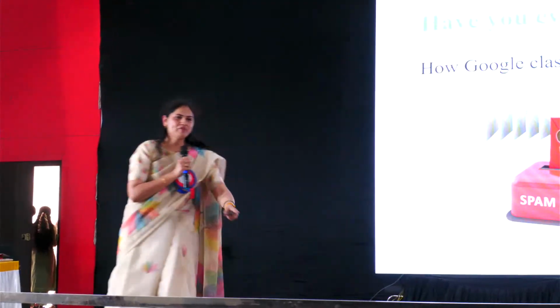Then have you ever wondered how your mail classifies spam or non-spam? Automatically your mails will go to spam. How? By using machine learning only. Now, more than 100 languages are translated by Google using Google Translator.